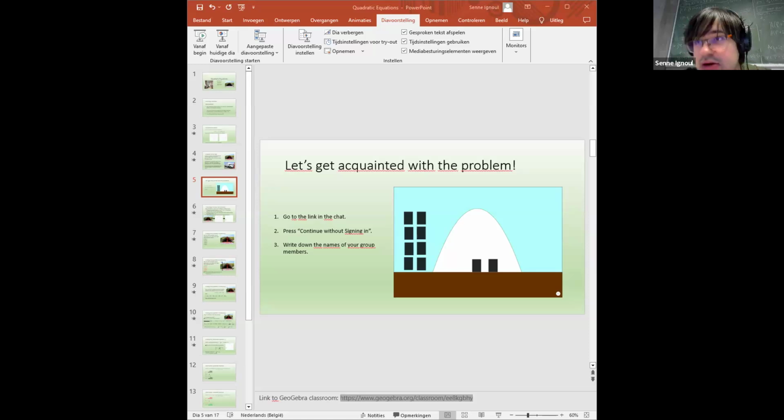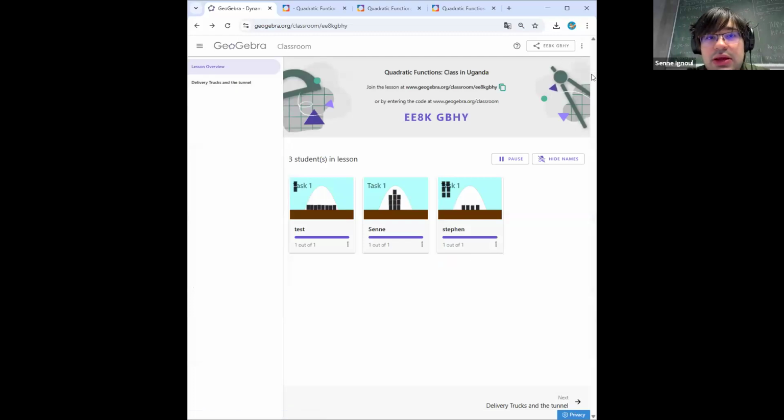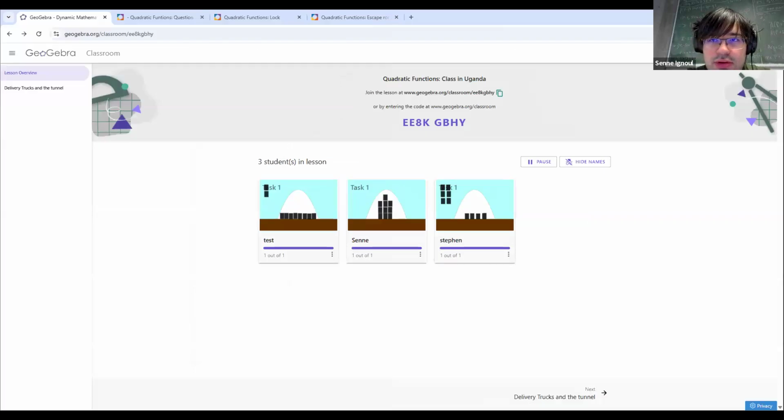So maybe I will share another screen now. I don't know if you've used GeoGebra in this way yet. So normally you should see my Google Chrome now.